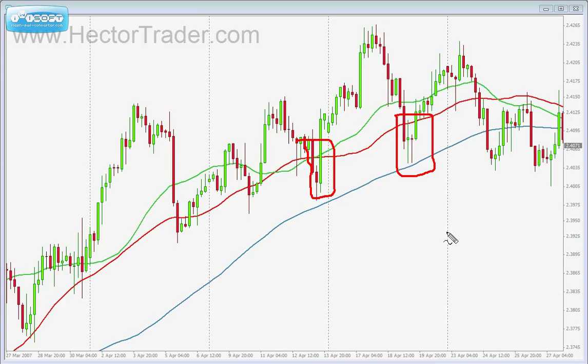The bears, in this case, since we are in an uptrend, are regaining strength. They are not totally dead at all. The bulls may be running out of steam. They might be exhausting. And the trend as a whole might be running out of petrol. And this is the case.